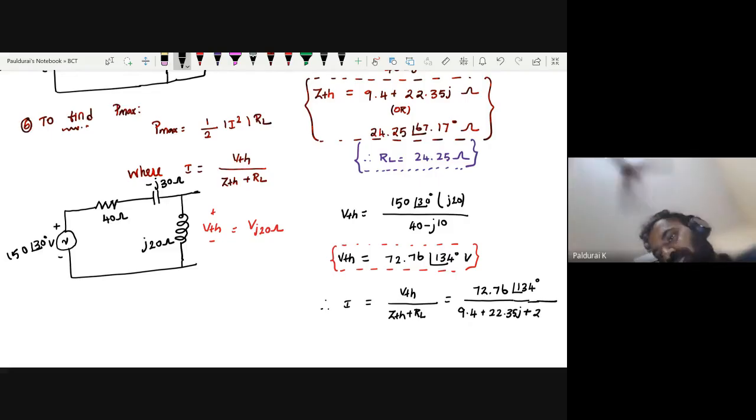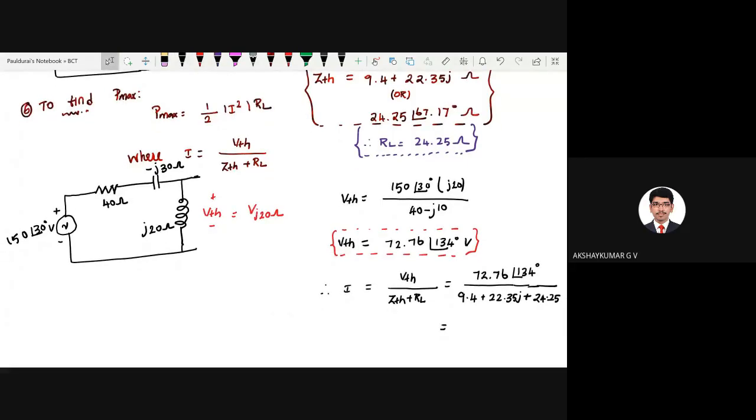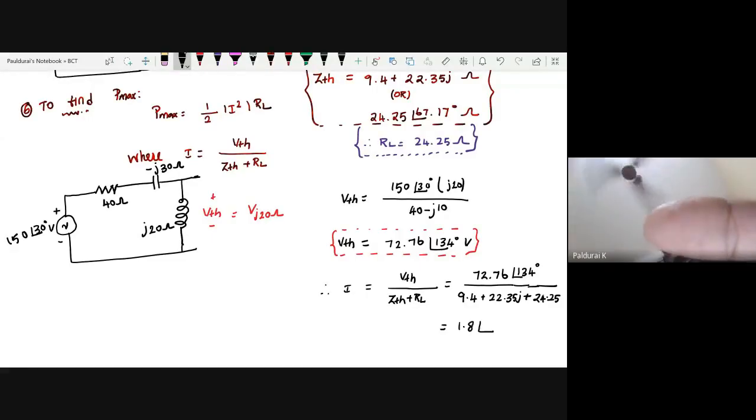This time the magnitude, 24.25. What is this I value? 1.8 at an angle of 100.45 degrees. Unit is ampere, right? So this is my I.